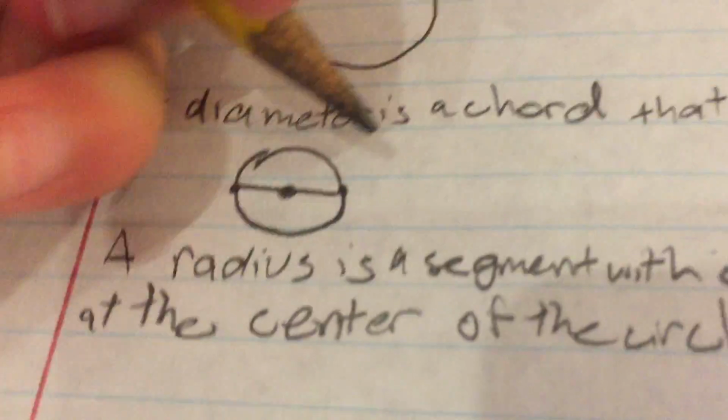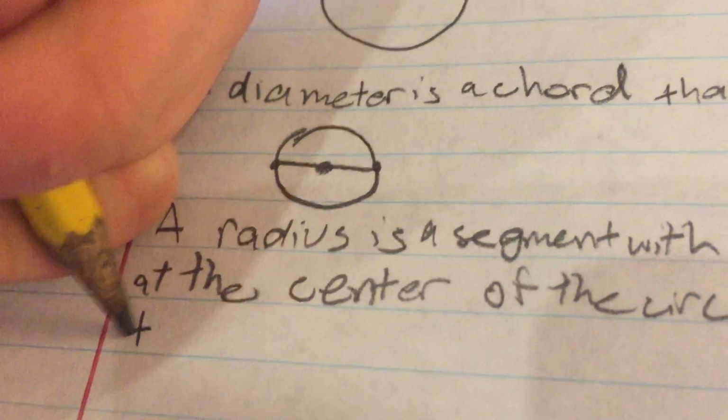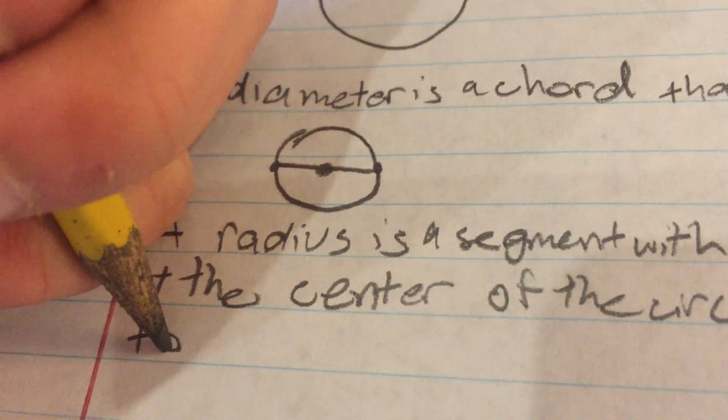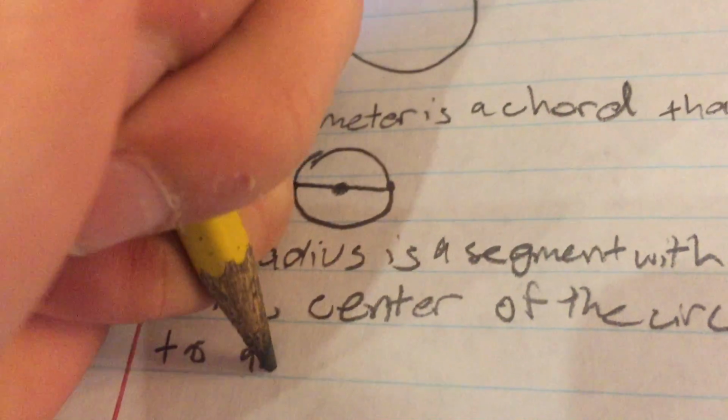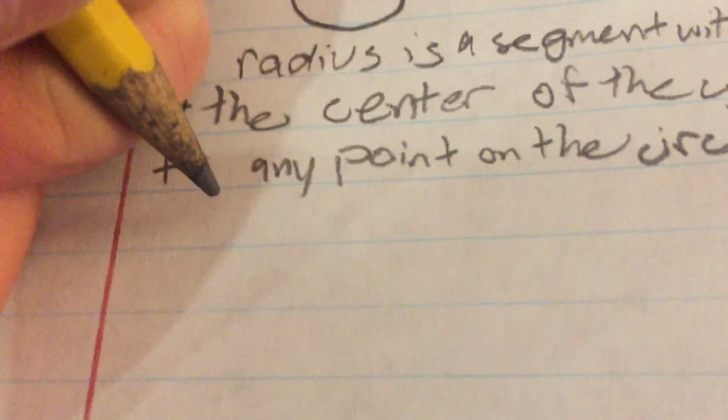From the center to any point on the circle. Okay, so if that's the center, this is a point on the circle.